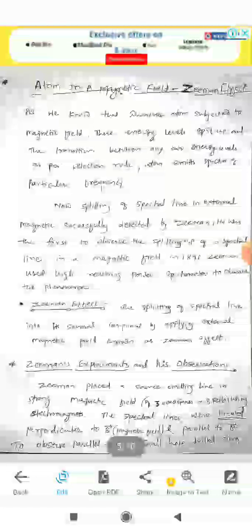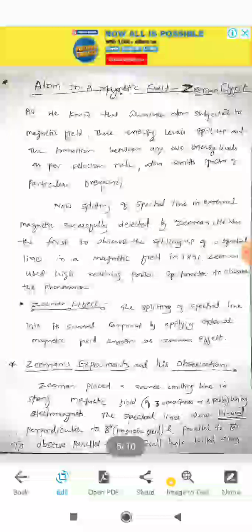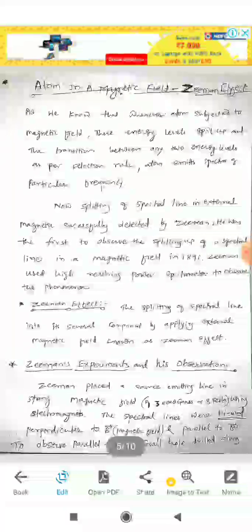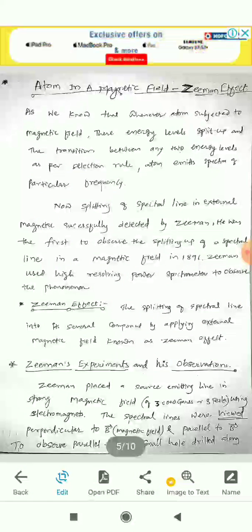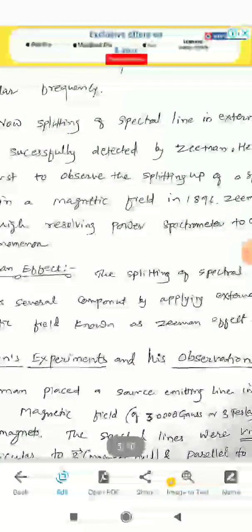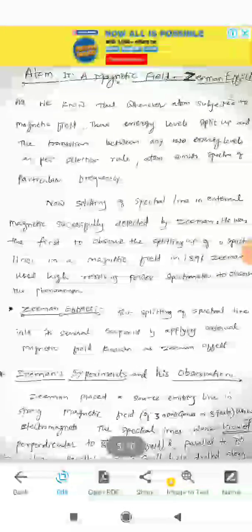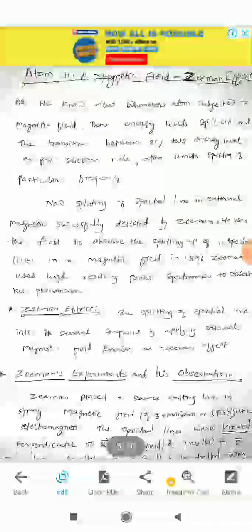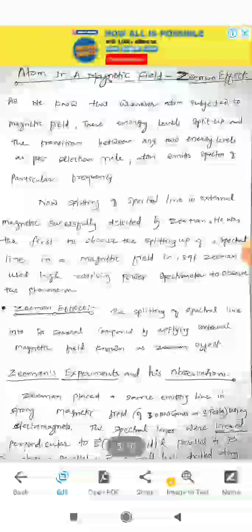So what is the Zeeman effect, and how did Zeeman observe it? The Zeeman effect is the splitting of a spectral line into several components by applying an external magnetic field.